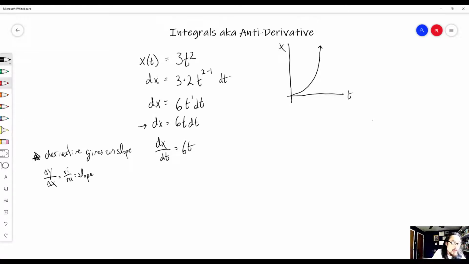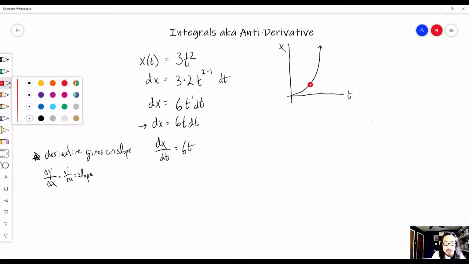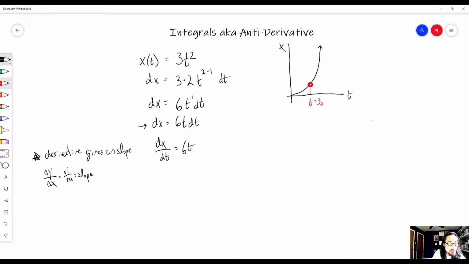As a review, if I were to take a look at that point right there and ask what the slope is at that point, we can take a look at this dx/dt, and let's actually go through it. Let's say this time right here is 3 seconds. According to my derivative function, which I'm going to do in red, dx/dt, we can do 6 times 3 because it's at 3 seconds.